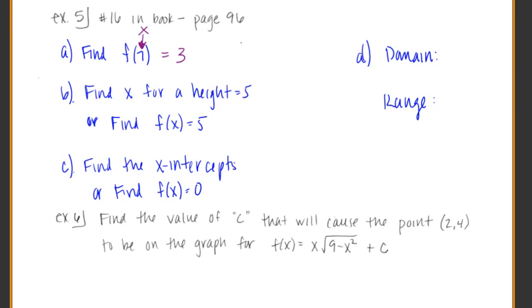Now on part B, it says we want to find the values of x that go with a height of 5. They could word that by saying find f of x equals 5. Because remember, what comes out is always a y value, and what we're looking for are x values. So go over to 5 on the y-axis, go up to 5, and then go right or left until we hit the graph.